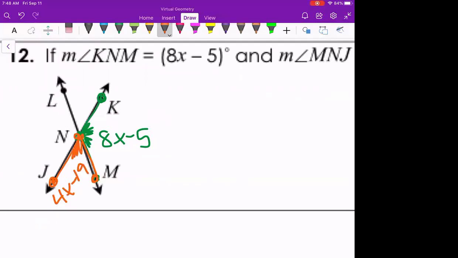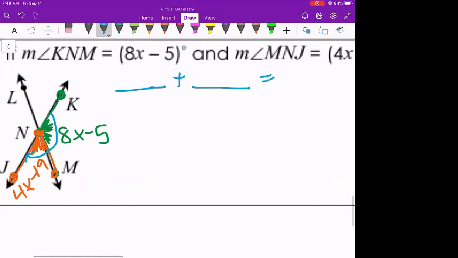This space on the bottom. Now, they're not across from each other, so I can't set them equal like we did on the other example, but together, the two of these make a linear pair, which means, similar to the one we just did, I should be able to add them up and make 180, because linear pairs total 180. Linear pairs are always supplementary.